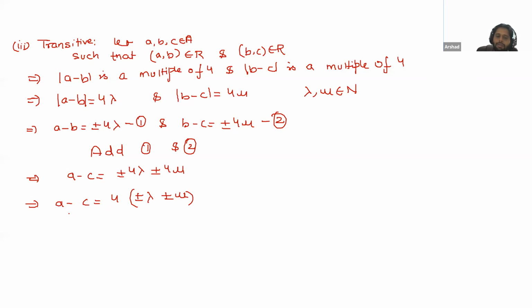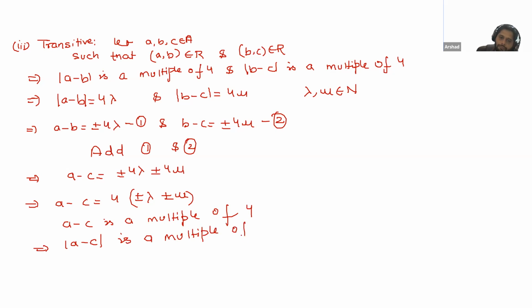We can say A minus C is a multiple of 4 because you have a 4 at the start. So modulus of A minus C is a multiple of 4.